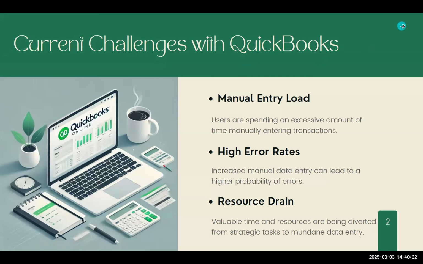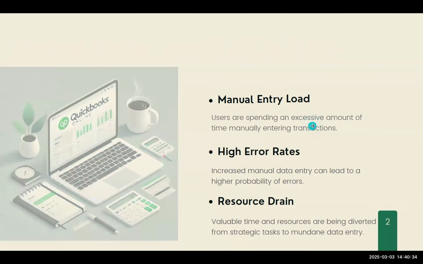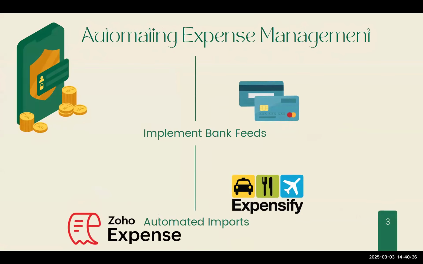extra effort and paperwork. So in order to tackle these challenges, let's start with the first recommendation for improvement, which is expense management solutions. Our first recommendation is to implement bank feeds and automated import.